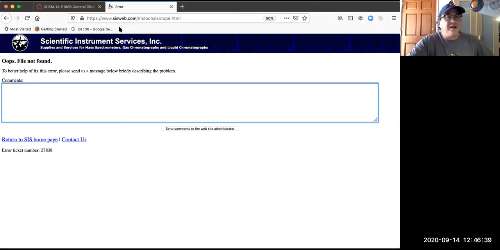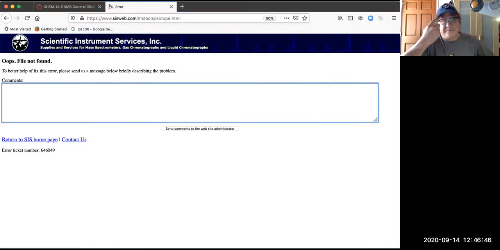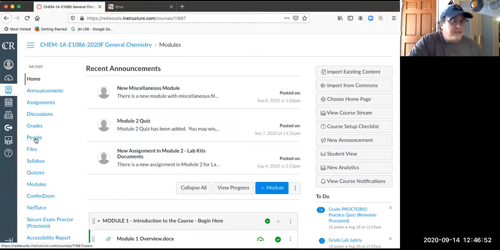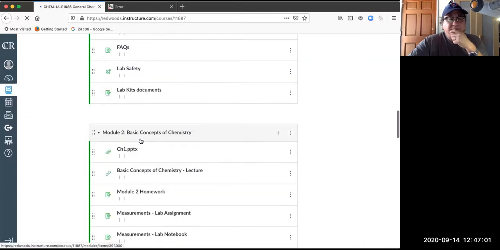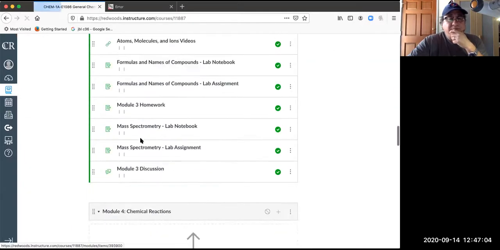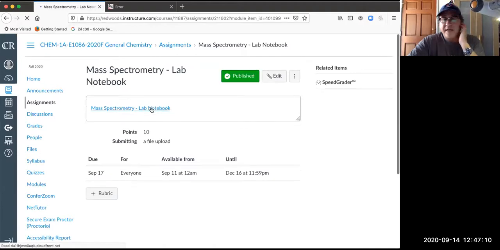Oops, file not found. Let me try that again. Okay, I'm going to have to open up the lab. So modules, I've got the link in there. Lab notebook. Open that up.